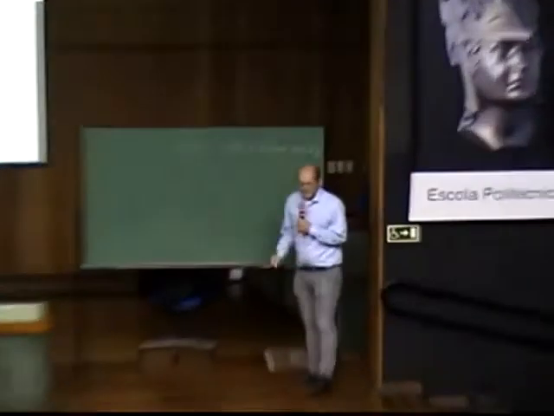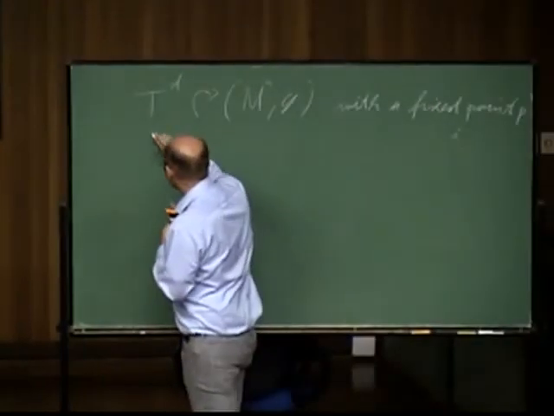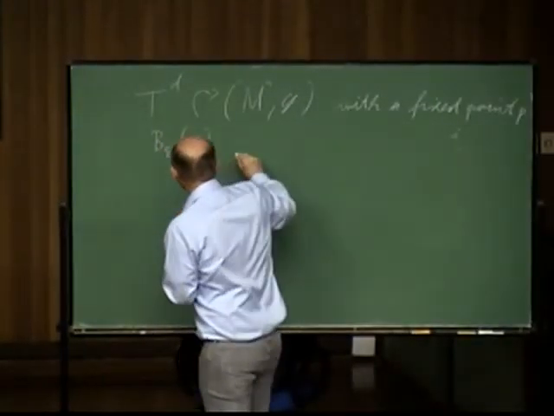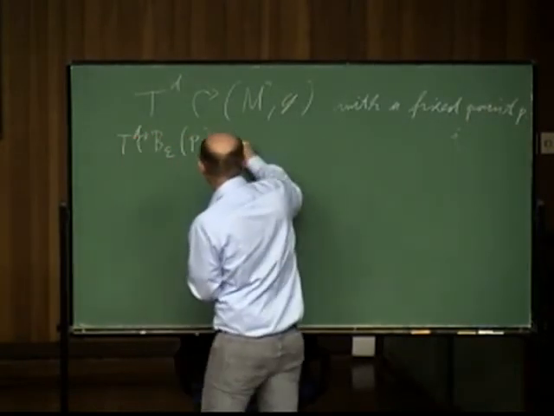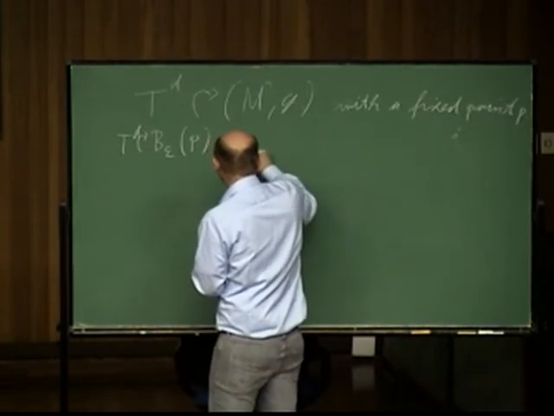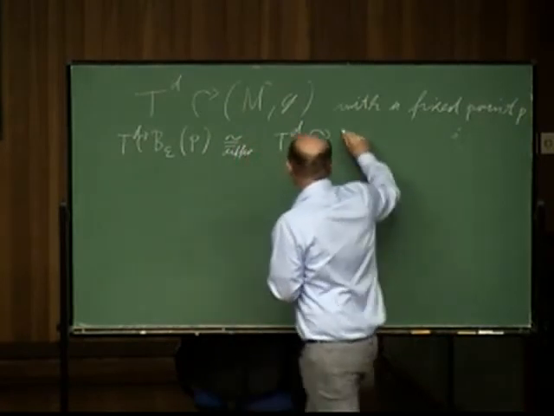But now without any additional assumption, you can look at the epsilon neighborhood of P. The torus acts on the epsilon neighborhood of P, and that's equivariantly diffeomorphic to the action on the tangent space.